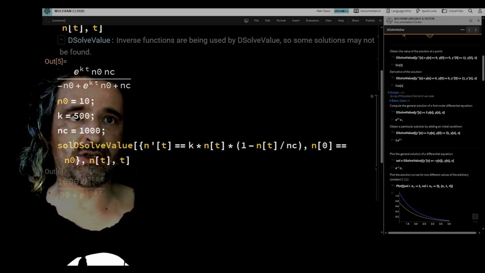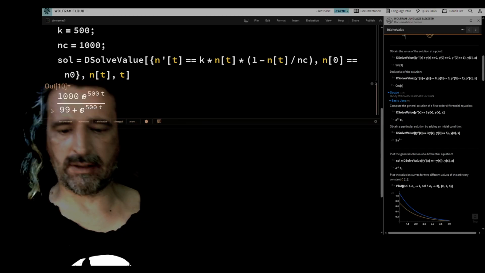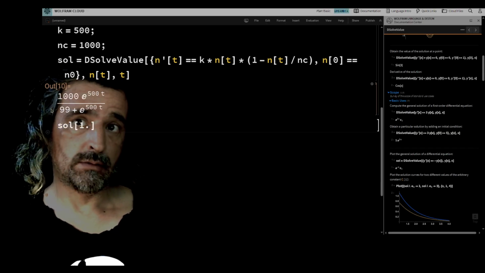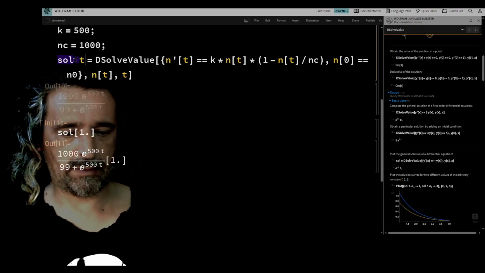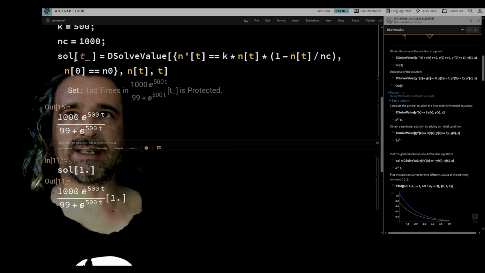So I'm going to call that sol, my sol. So sol should be this function. Let's see, sol of 1. If I do this, does it work? No. So probably I should do sol of t, like this. Yes, like that. And it doesn't allow me.